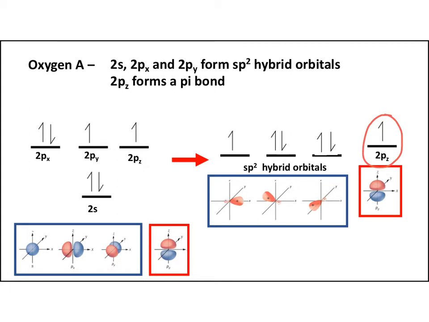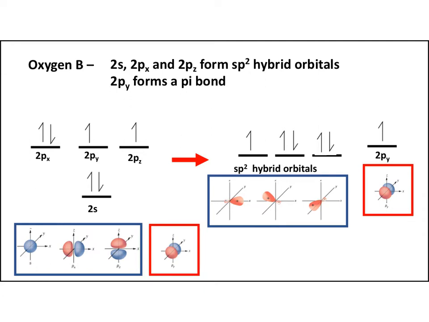So they're purely in this plane, which will be going in towards the screen. And that means that these two hybrid orbitals will be used to have the lone pairs, and this one will be used to bond. And our 2pz we will look at later when we look at the pi bonding.